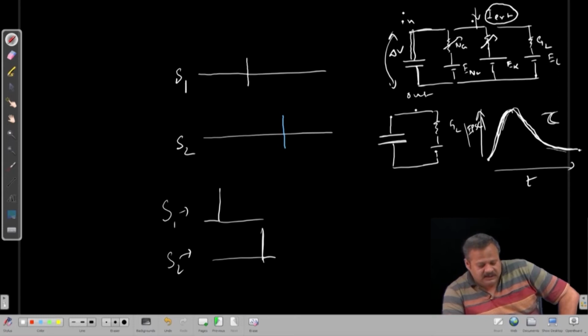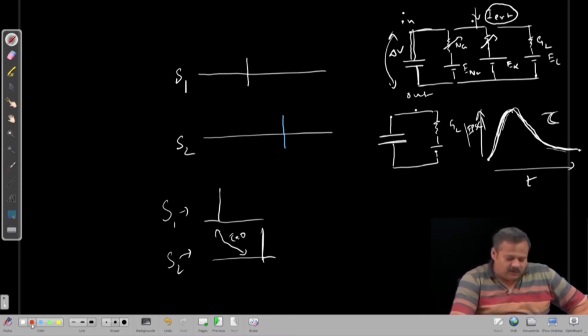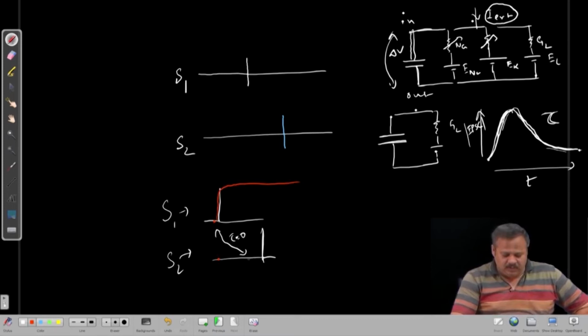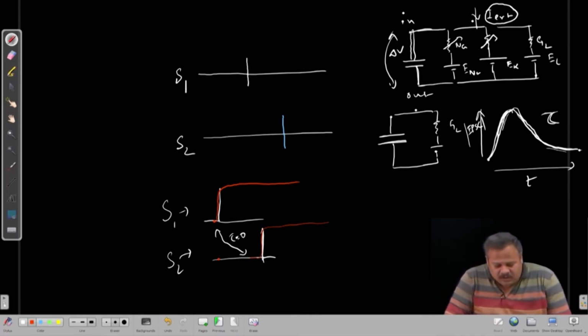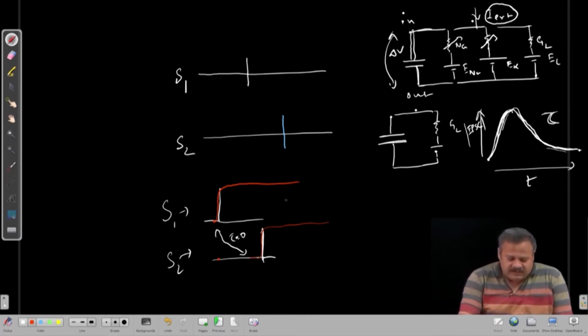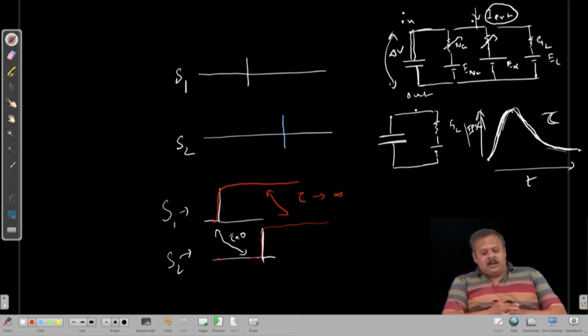However, for tau going towards infinity, this is never going to come back down, and so the postsynaptic potential, or current, is going to be like this. So, this is the case where our tau is approaching infinity. These are the two extremes.